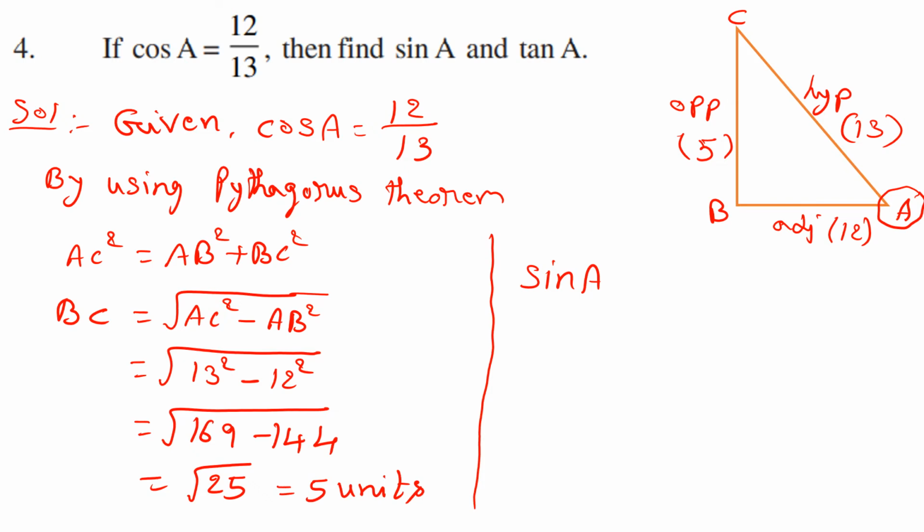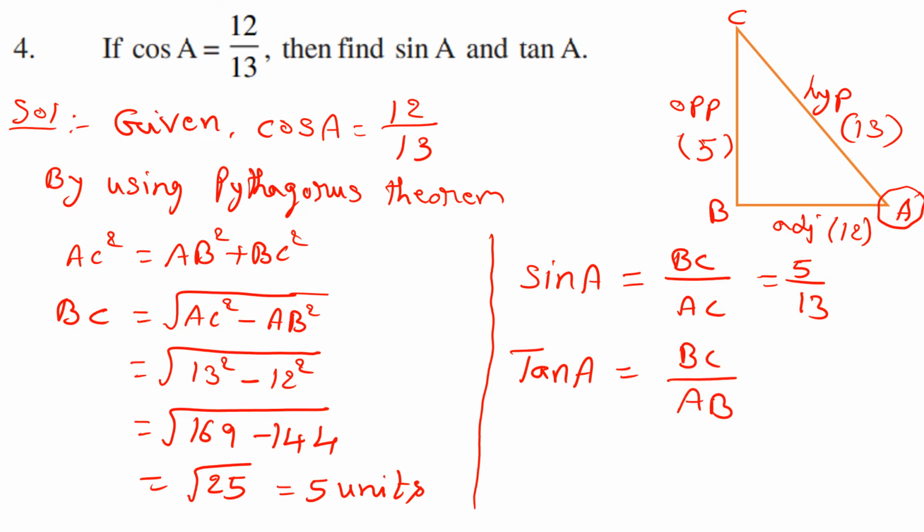Sin A equals opposite by hypotenuse, that is BC by AC, which equals 5 by 13. And tan A equals BC by AB, which equals 5 by 12. Like that, we find the values of sin A and tan A.